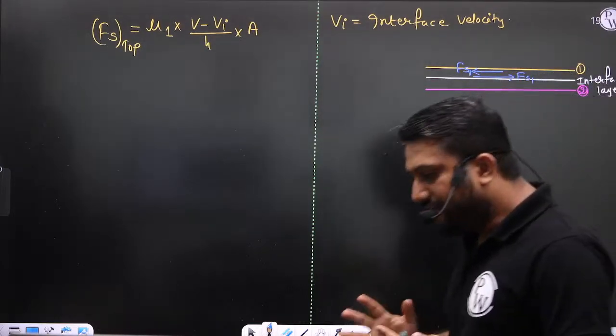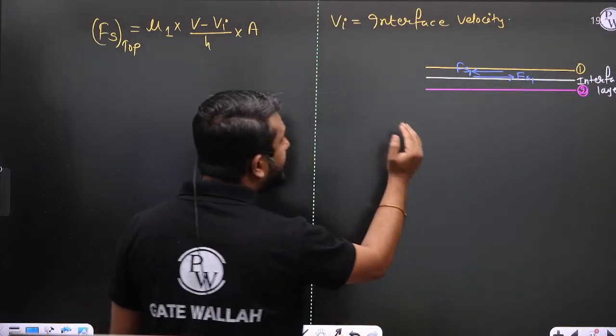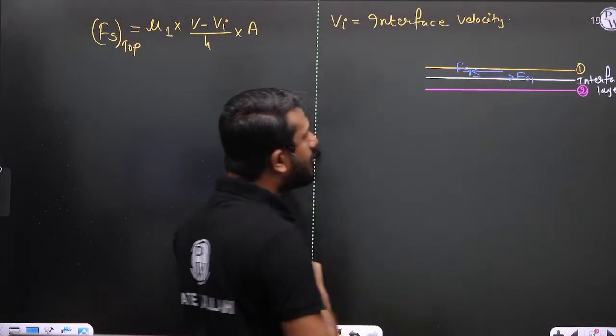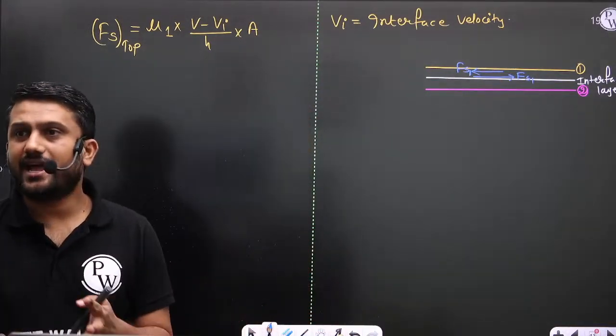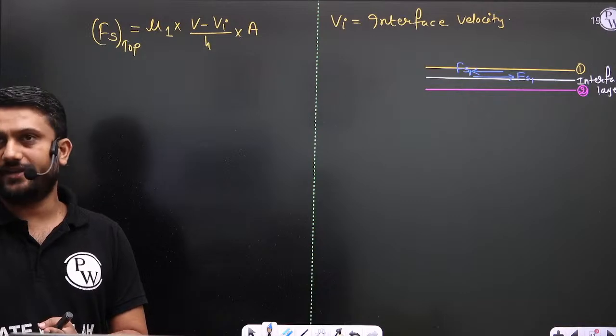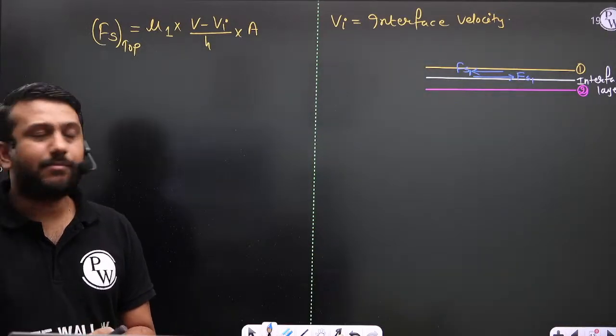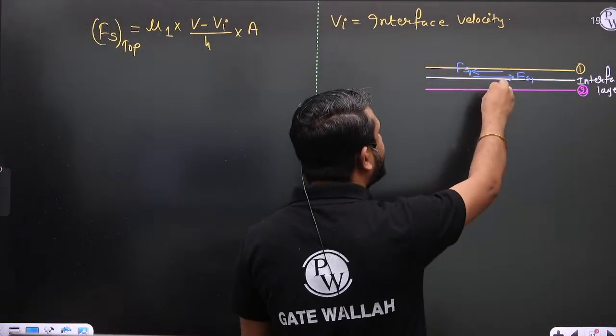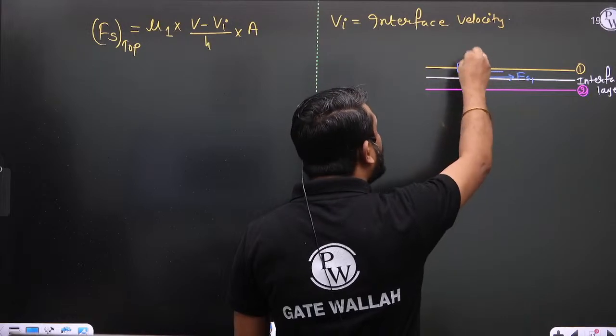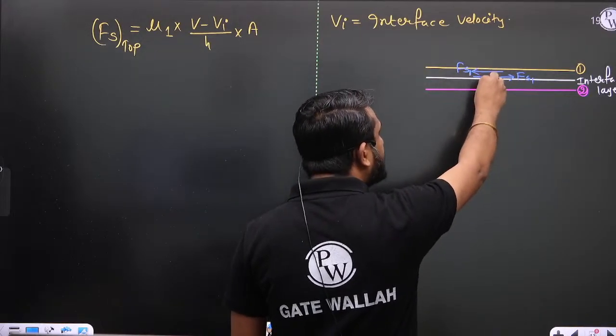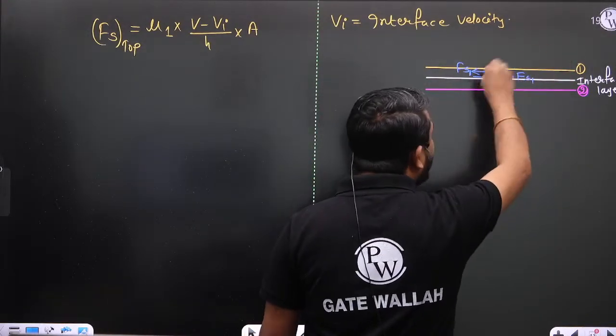If you see the interface layer and layer number 1, obviously layer number 1 has more velocity. So first show the direction of shear force in layer number 1.